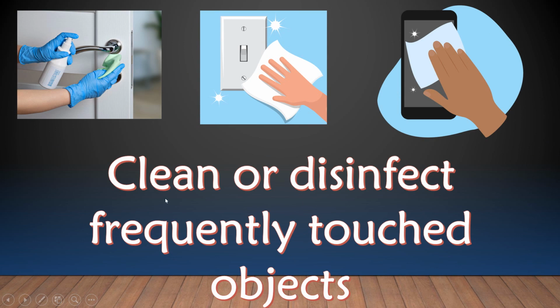One more time. Clean or disinfect frequently touched objects. You need to clean or disinfect frequently touched objects. When you say frequently touched objects, it means those things that you always touch. People always touch those things, like for example the doorknob.